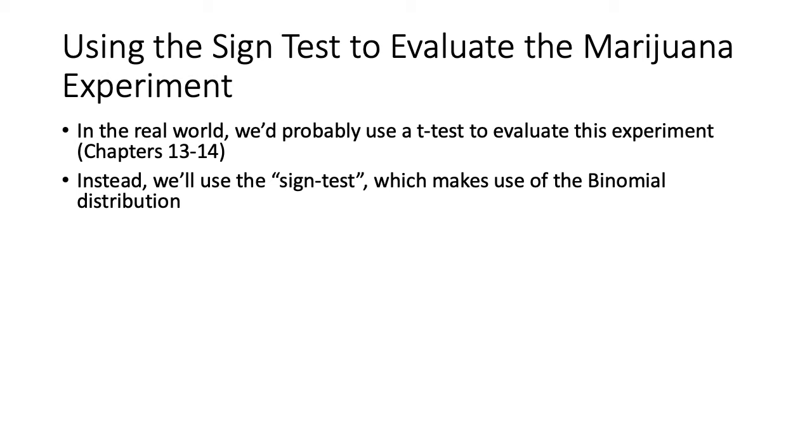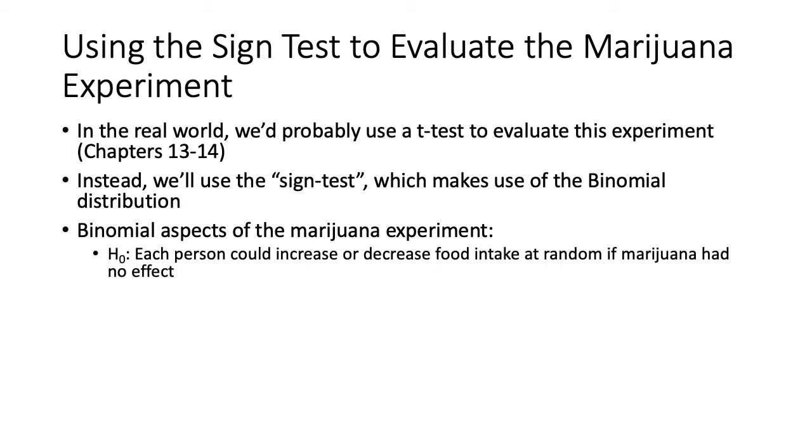The sign test is essentially making use of binomial aspects of the experiment. The way that we turn our marijuana experiment into a binomial experiment is we say the null hypothesis represents the fact that each person could either increase or decrease food intake at random if marijuana had no effect. If there was no effect of THC or marijuana on appetite in our participants, it would be totally random.